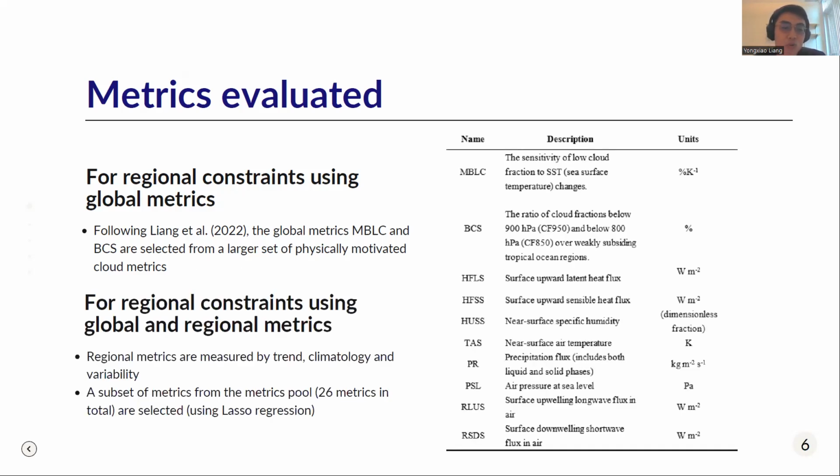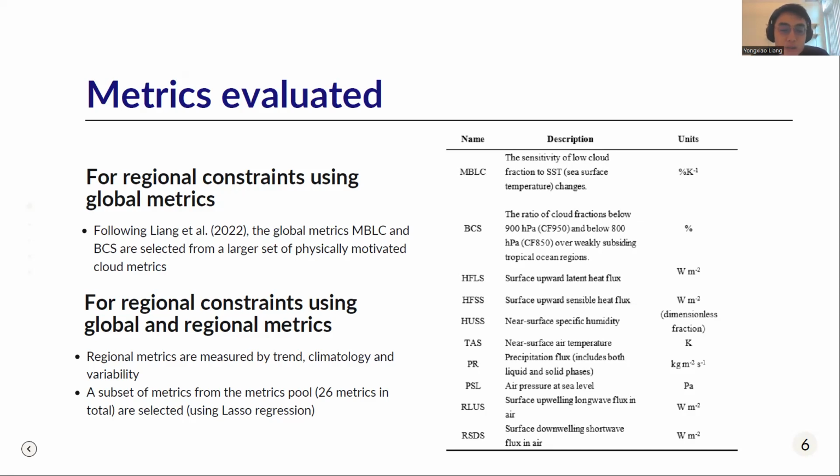In addition to the global metrics, we also consider the regional metrics. Because the regional metrics involve the information of the model difference of the regional warming, involving those regional metrics can provide additional information in addition to the global metrics.